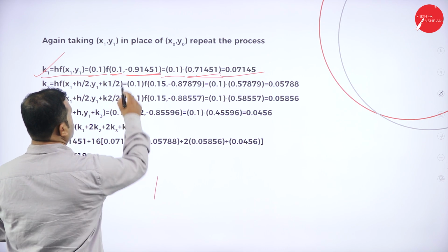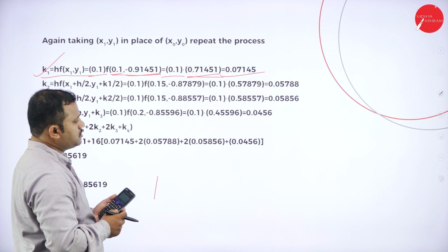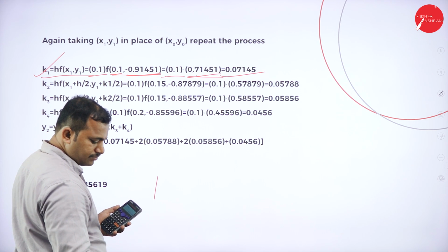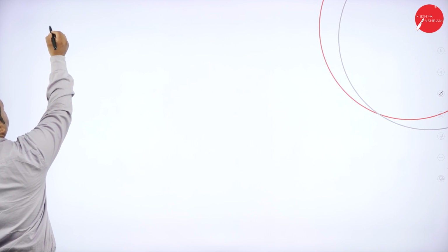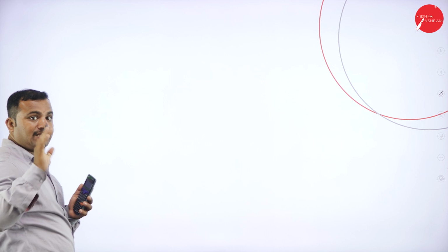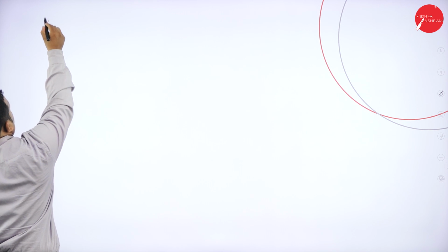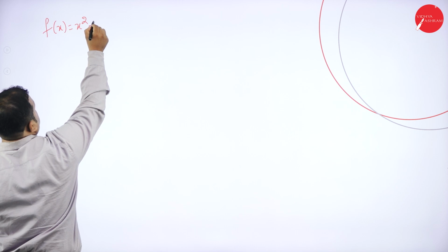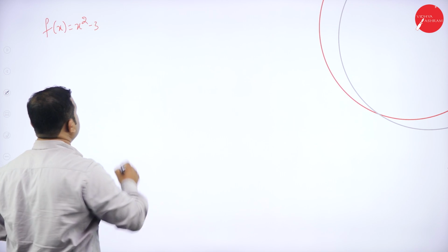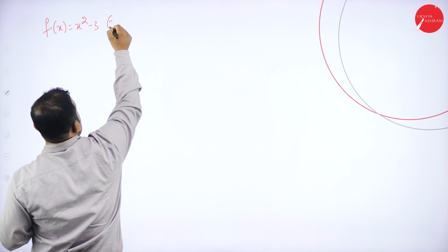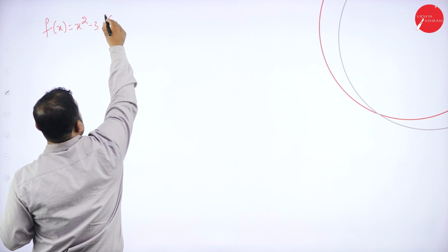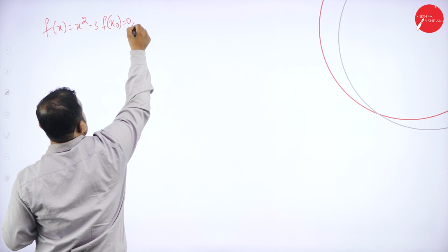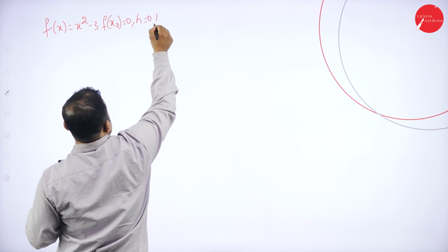0.1 comma minus 0.91451. So let me consider one simple problem here, which is very easy to understand: f of x equal to x square minus 3. If that is the case, what is the value of x0? h is equal to 0.1.